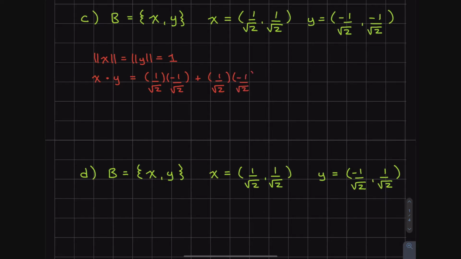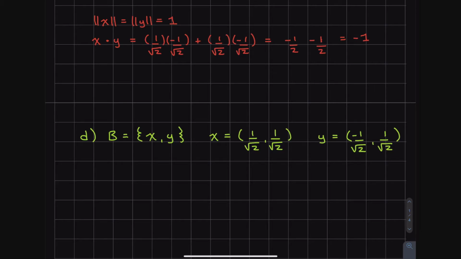If we simplify this a little bit, what we get is negative 1/2 minus 1/2. So this is equal to negative 1. And we need them to be equal to 0. Since it's not equal to 0, these vectors are not perpendicular. So therefore, this basis set is not orthonormal. So not ONB.